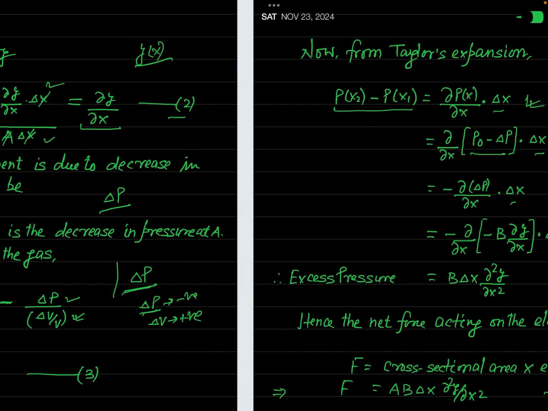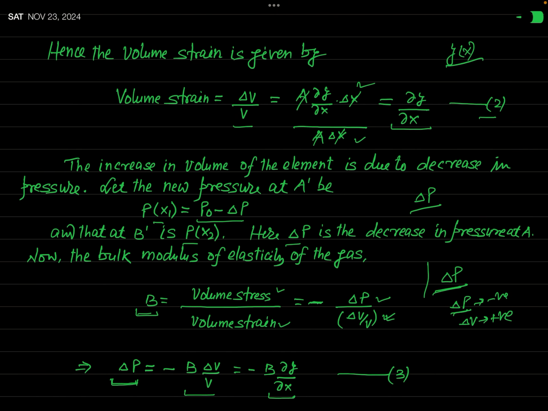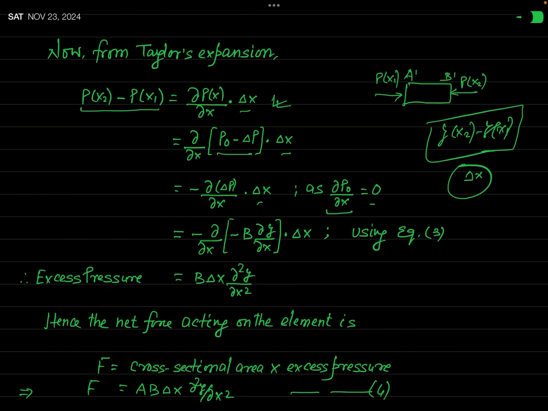But you have just obtained the value of this delta P in equation 3. So let us substitute the value of delta P from equation 3 here, and then you will get that P of x2 minus P of x1, which is actually called excess pressure, is equal to minus del by del x of minus B times del y by del x, times delta x.